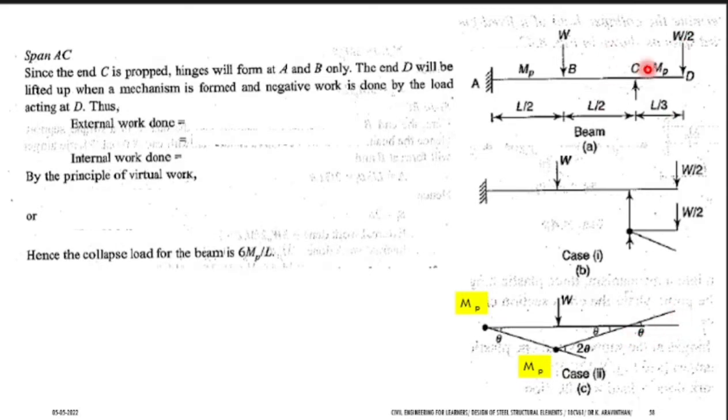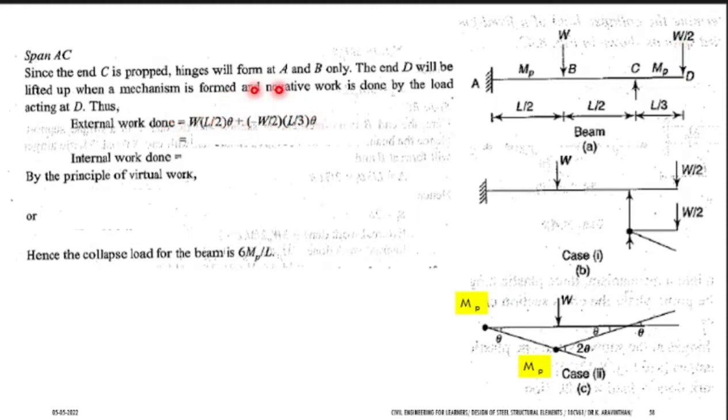What is the base? L by 3. Now your triangle will be delta equal to theta L by 3. That will be your answer. So your work done will be W by 2 into L by 3. Yes, this is your external work done.